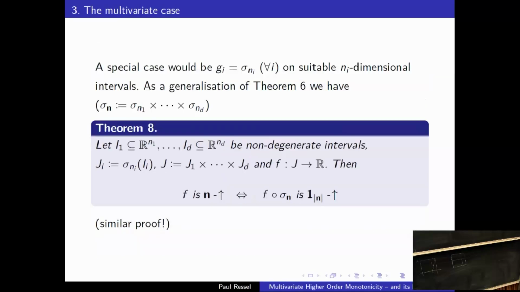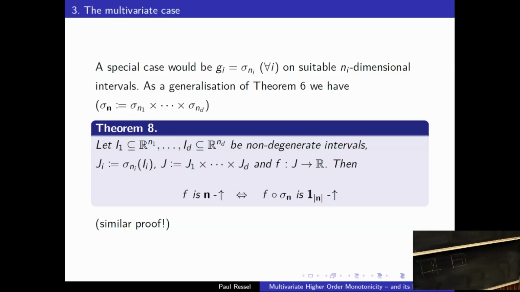A special case would be that all these gi's are sums on suitable ni-dimensional intervals. And as a generalization of theorem 6, we have, and now I use this notation, sigma n vector is a concatenation sigma n1 and so on up to sigma nd.